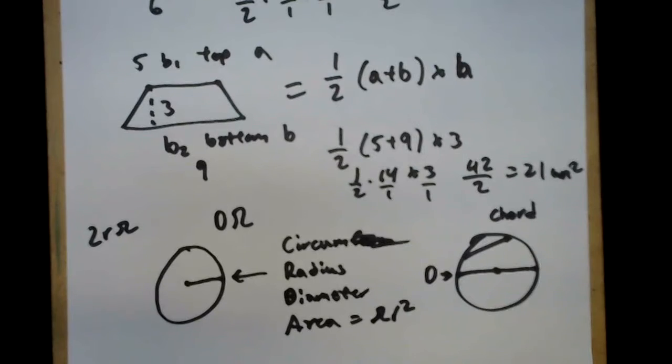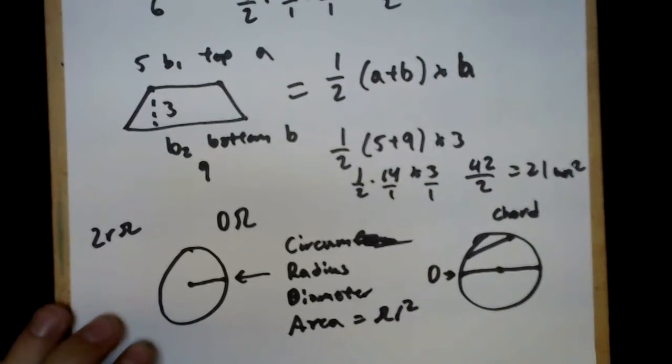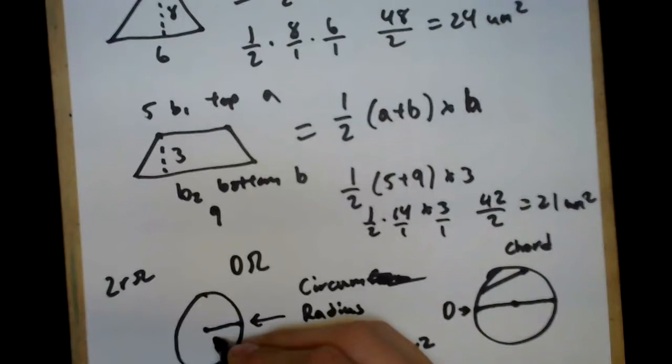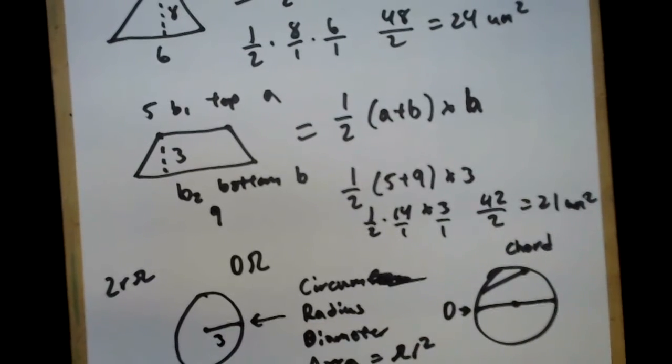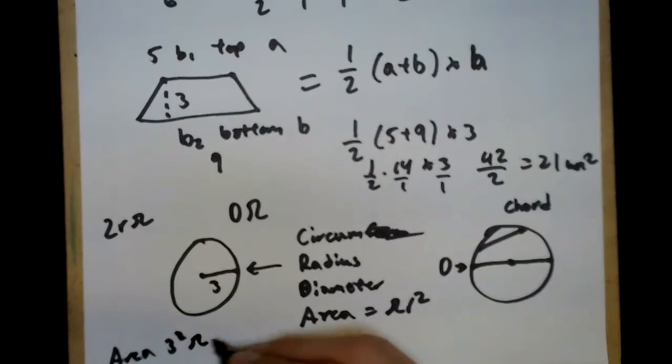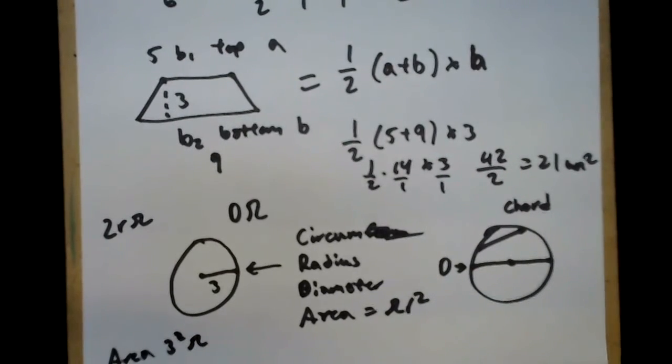Anywho, we'll do a problem solving for diameter and the area. Given that the radius of a circle is 3, calculate the area of the circle. So, area is pi times radius squared, so you can say it's 3 squared times pi.